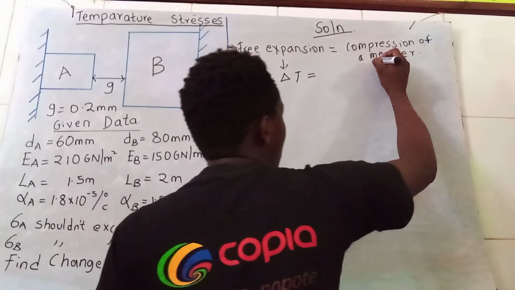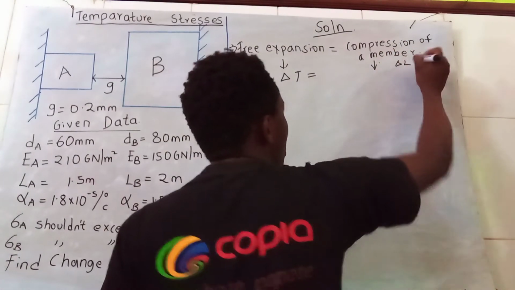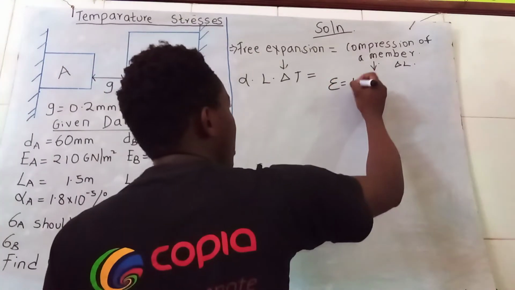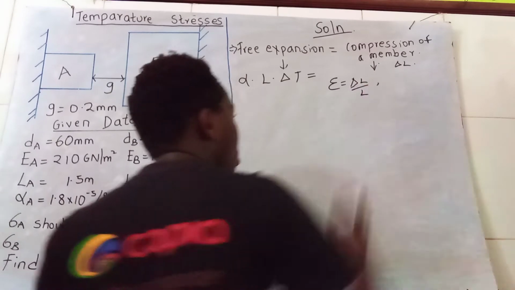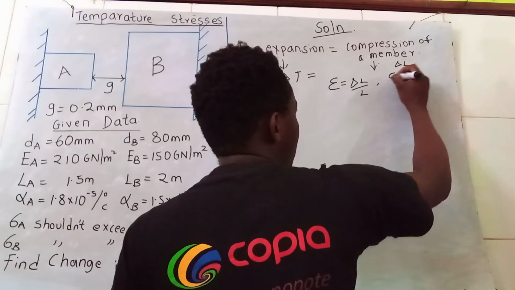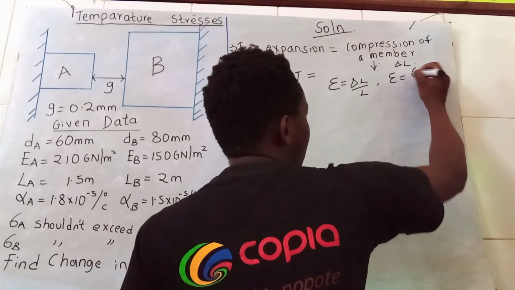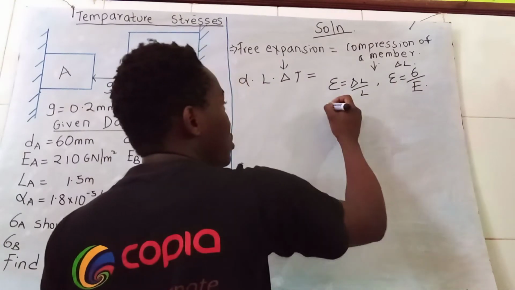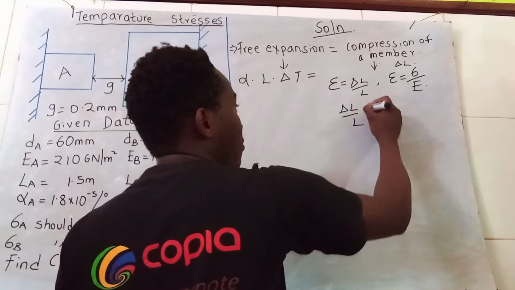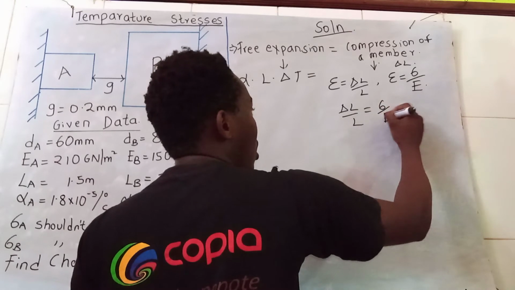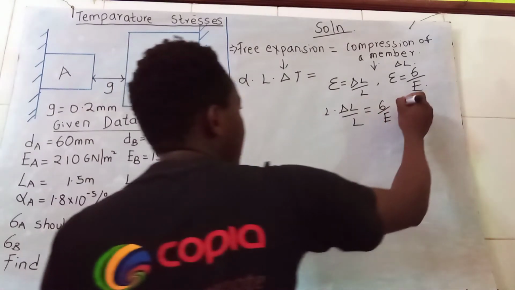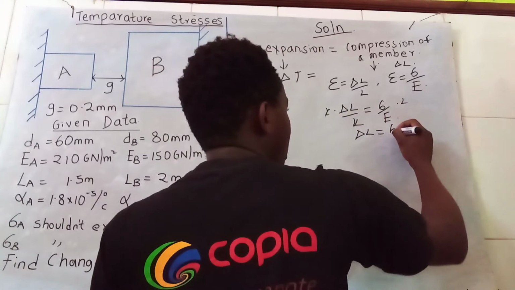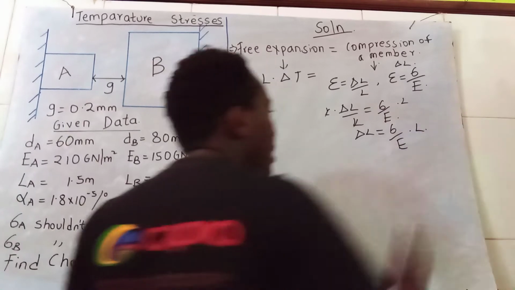So to get compression, we are talking about the change in length. So back to our formulas, strain is given by change in length all over original length. Also, strain is given by stress all over Young's modulus. So we can combine the two such that change in length over length is equal to stress over E. Multiplied by length, I'm left with change in length is equal to stress over E times length.